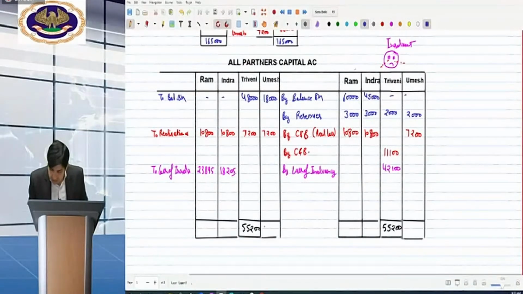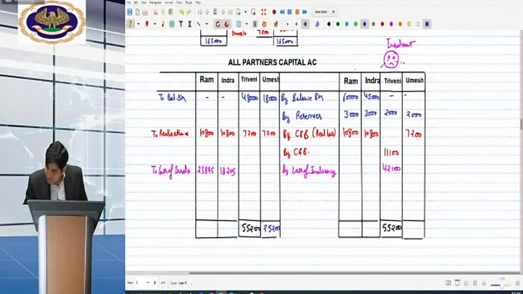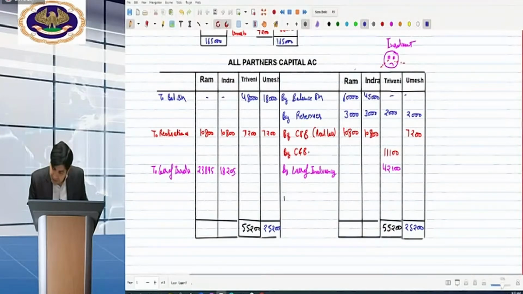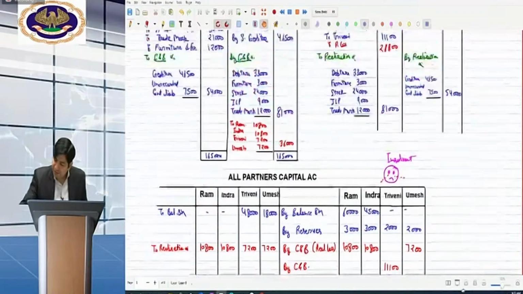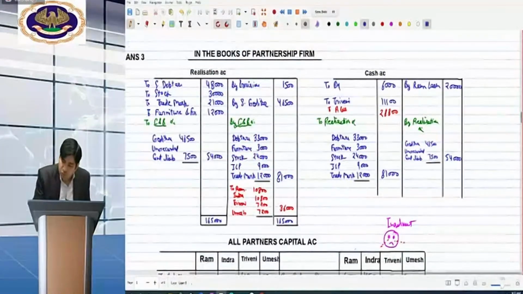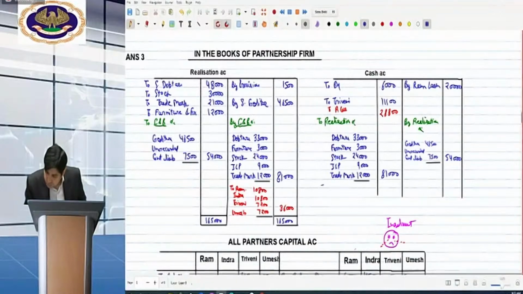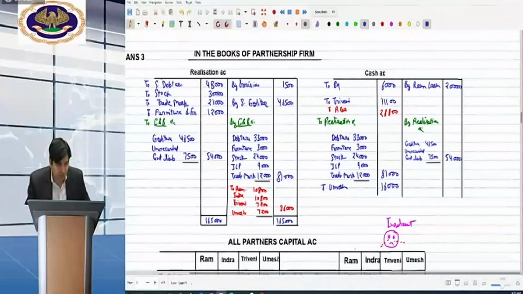That is 25,200 is the total. And he will be bringing the cash by cash and bank. No, 16,000. First post this to cash and bank, to Umesh capital 16,000. Okay, beta.